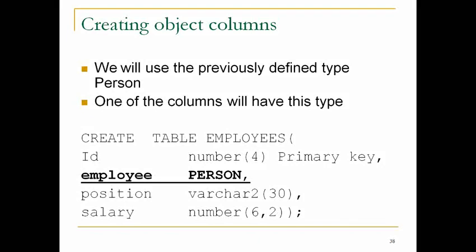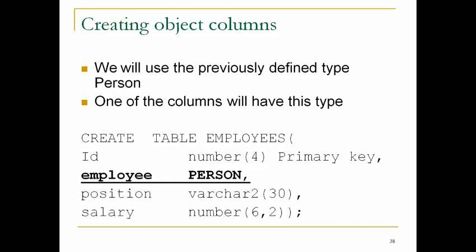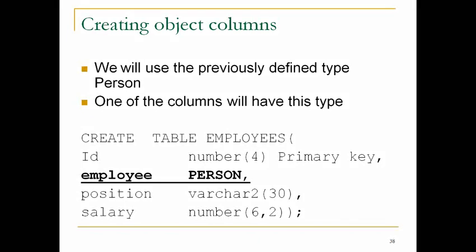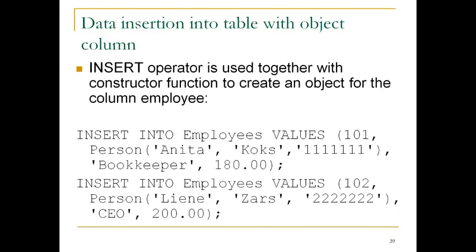And the position could be, for example, CEO, and salary 500. These are atomic values. This is an object kept together. I think you can see the difference. We don't have 3 columns here, but we have 1 column for the whole object.